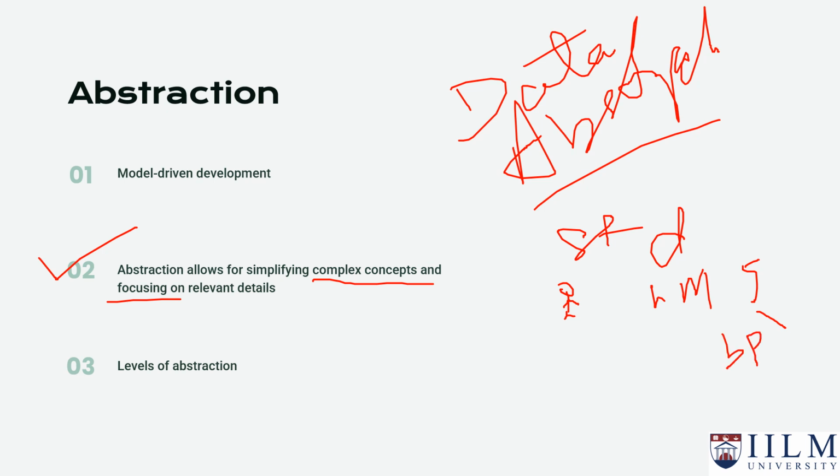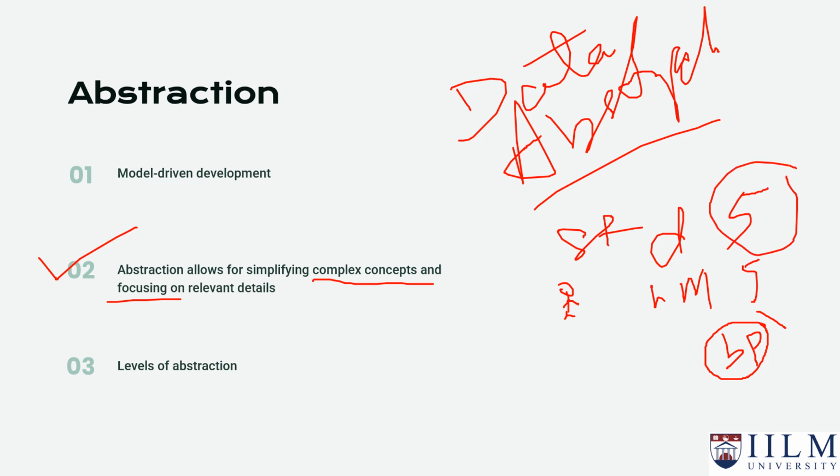So in that case, this data becomes a complex concept, because let's say the roll number is 5, so the data must be abstracted to roll number 5.